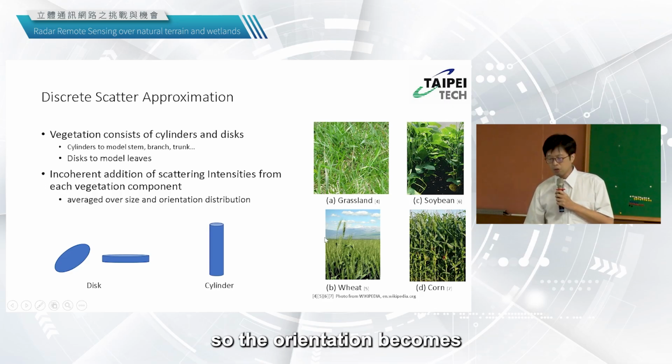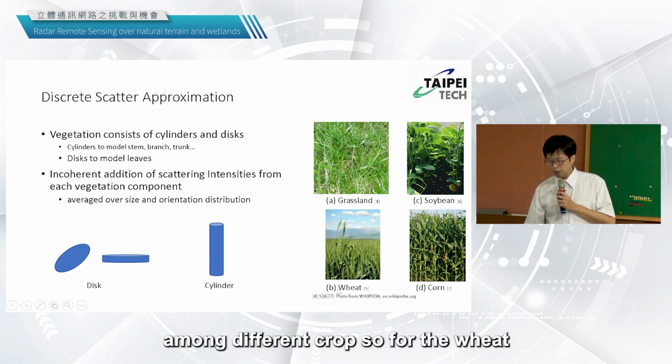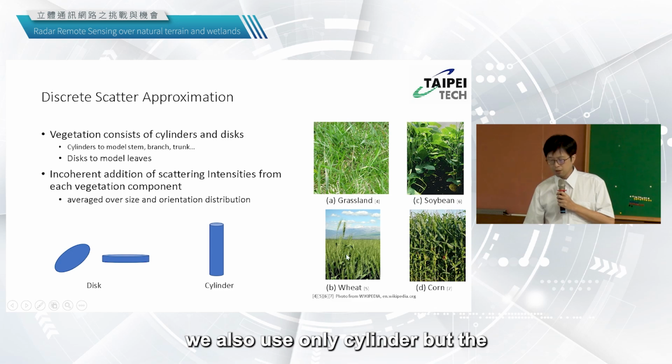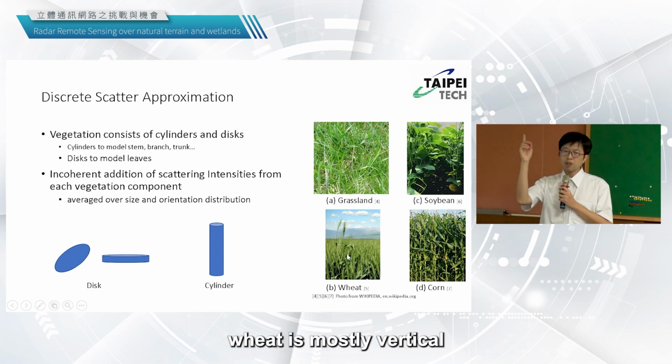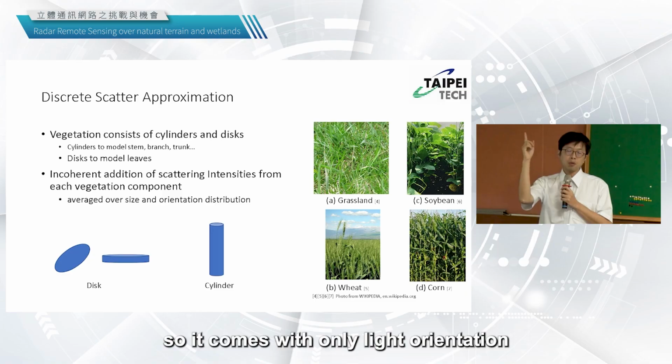So the orientation becomes the key to describe it when you consider different crops. For the wheat, we also use only a cylinder, but the wheat is mostly vertical. So it comes with only slight orientation variation.